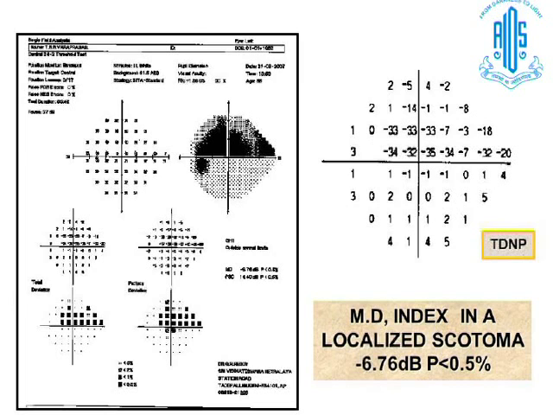If confined to two segments, it is a little less; if spread across all the segments, that is a true index. A change in mean deviation, you should immediately ask, what is the extent of the field defect? If the defect is confined to one segment or a few points, that change is huge. So in a localized scotoma, if the mean deviation change is 1 dB, we have to consider it huge.